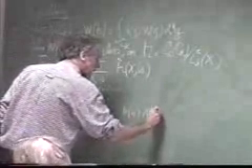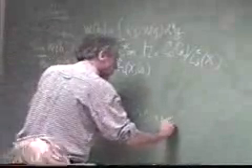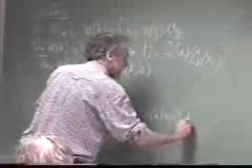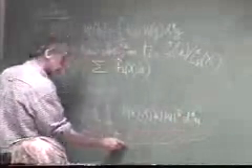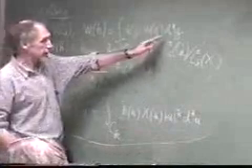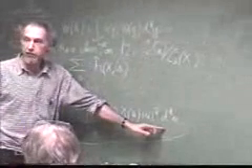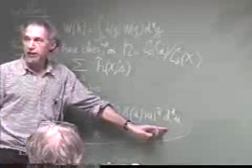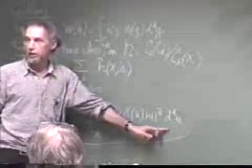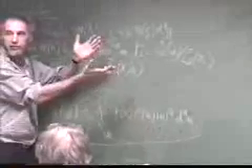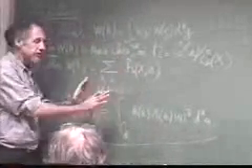I don't put a bar. Chi of u times absolute value of u to the power z, and then d star u. And notice that this formula is homogeneous because there is an appearance of the multiplicative Haar measure, d star u, here, and there is another appearance of the multiplicative Haar measure in the definition of the Fourier transform. So if you rescale both, they will rescale in the same way. So everything is homogeneous.